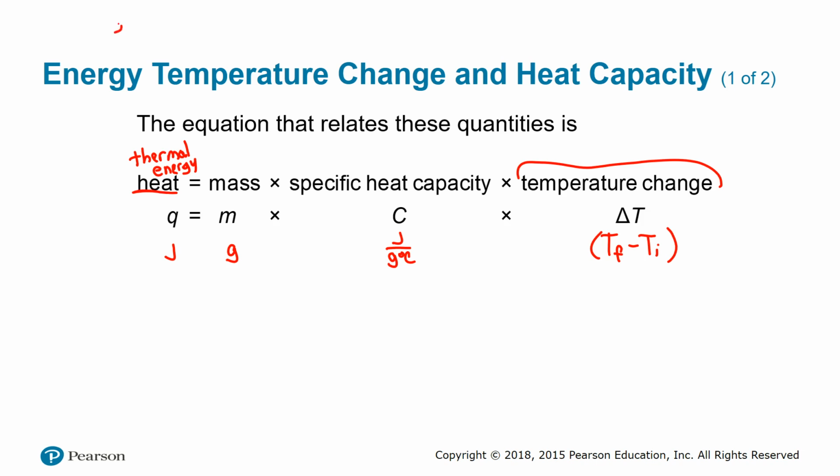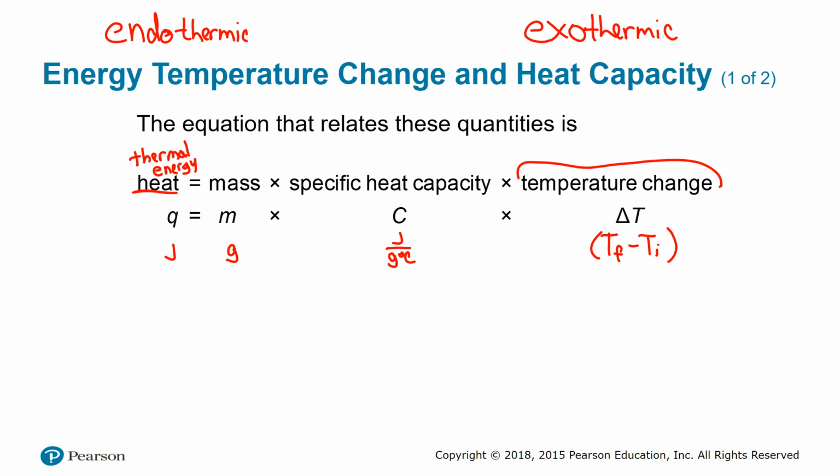So remember yesterday we talked about endothermic versus exothermic. What did we say is happening to the heat in exothermic? Where is it going? It's going out of the system.